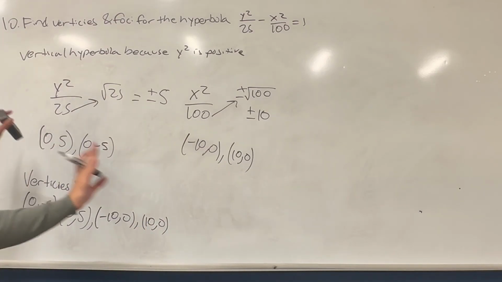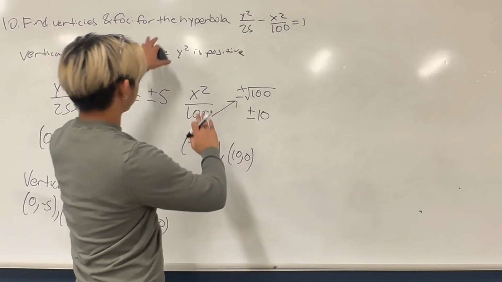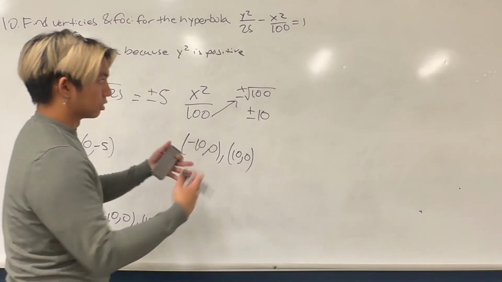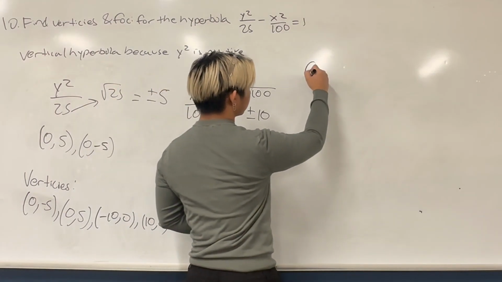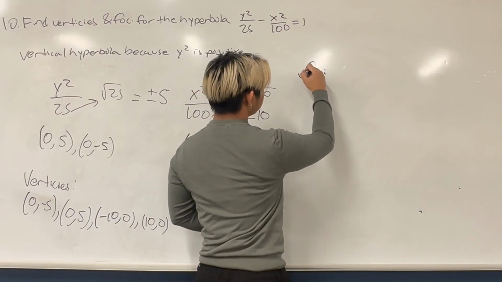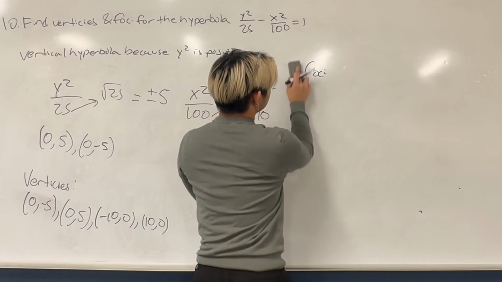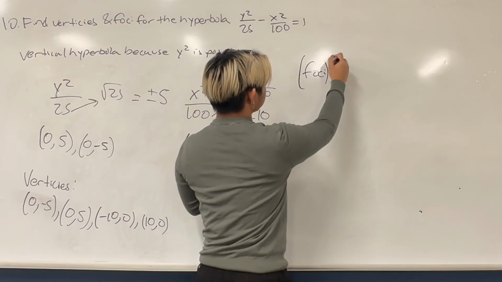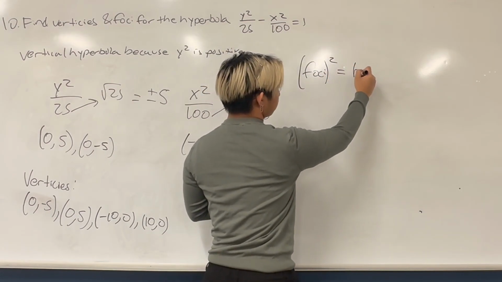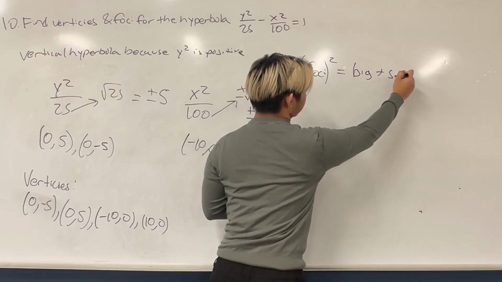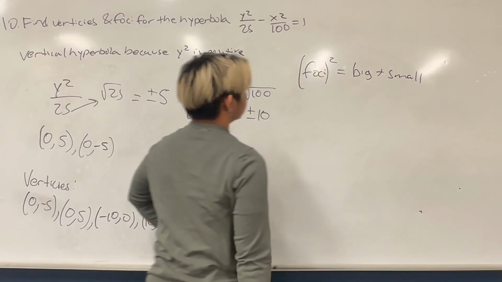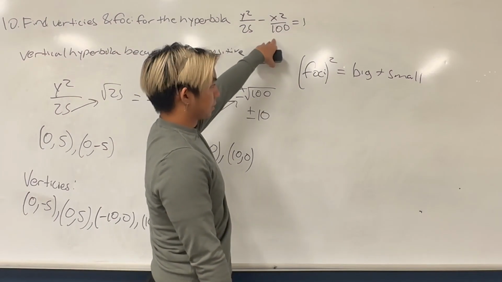Easy, right? But now foci. For hyperbolas there is a formula for it. Foci squared, or c squared, is equal to what? Big plus small. So we're just going to plug these values in.